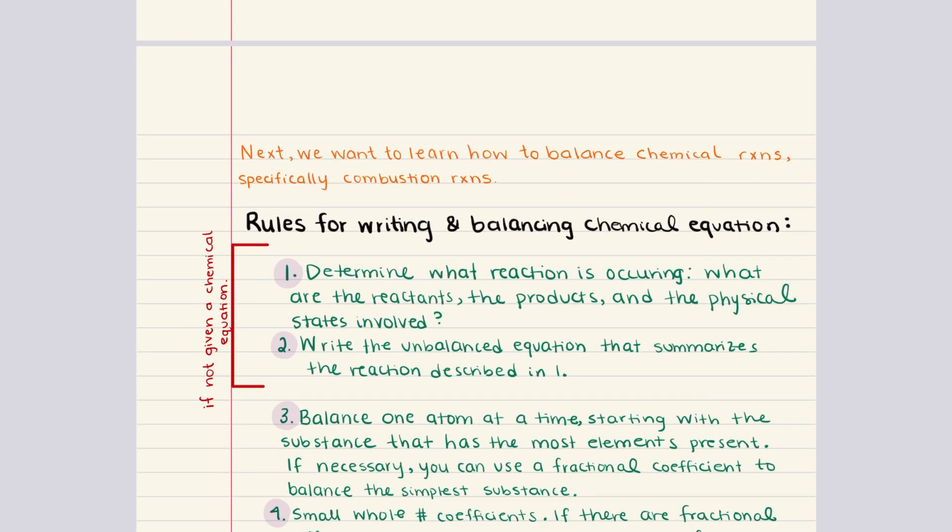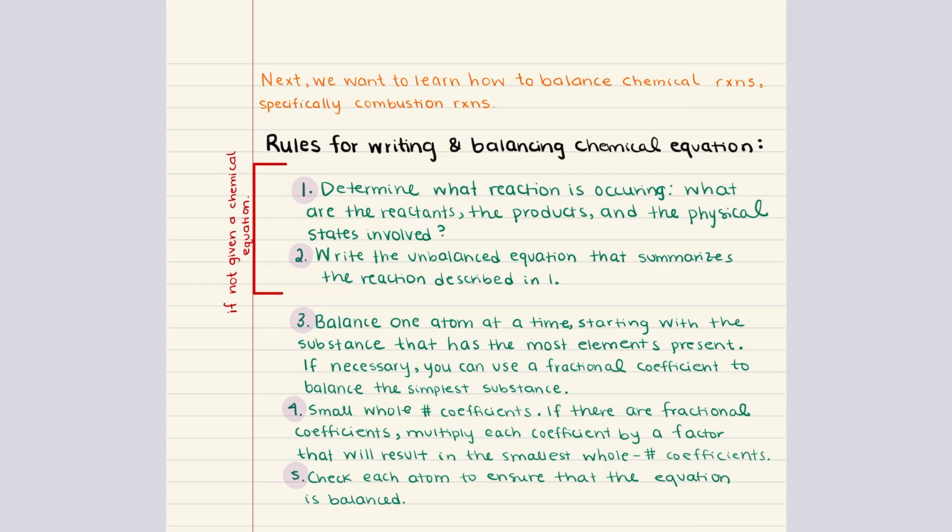Now that we've explored gas laws and partial pressures, we want to shift our focus to another concept in chemistry, and that's going to be balancing chemical equations. A little bit of a different turn here, but bear with me. Chemical reactions have to follow the law of conservation of mass, which states that matter cannot be created or destroyed in a chemical reaction.